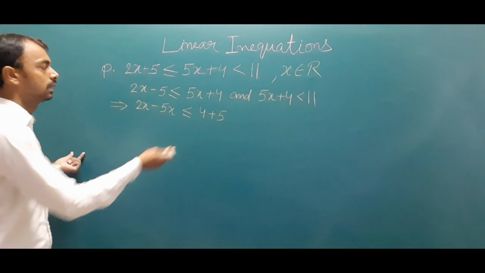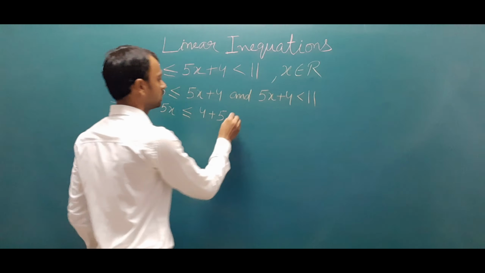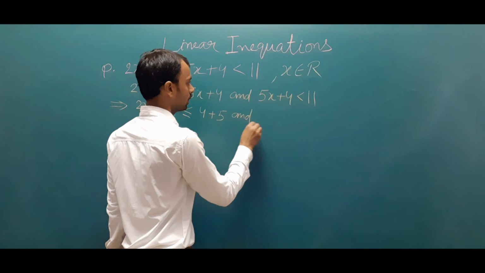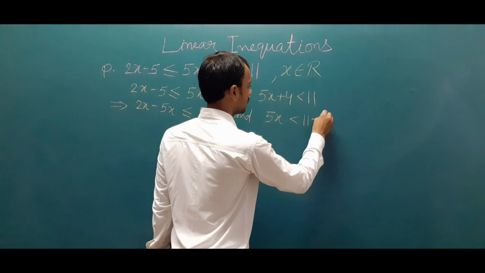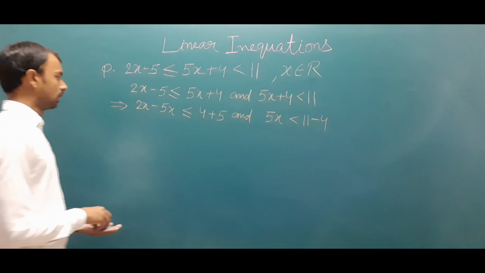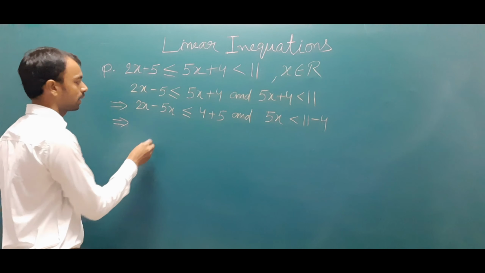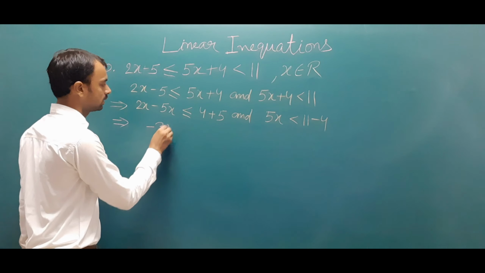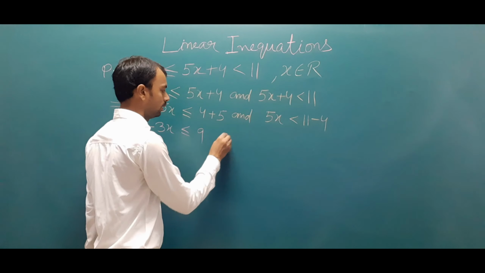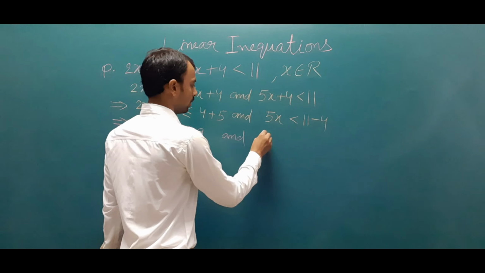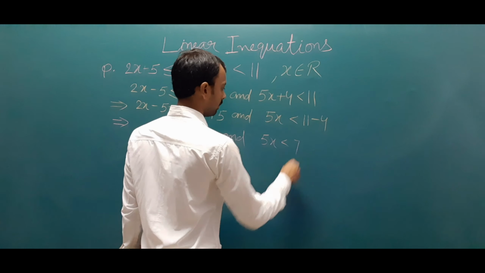The sign of the number will change when it crosses the sign of inequation, and 5x will be less than 11 minus 4. So here what we get: 2x minus 5x will give us minus 3x is less than or equal to 5 plus 4, 9, and 5x is less than 11 minus 4, which is 7.